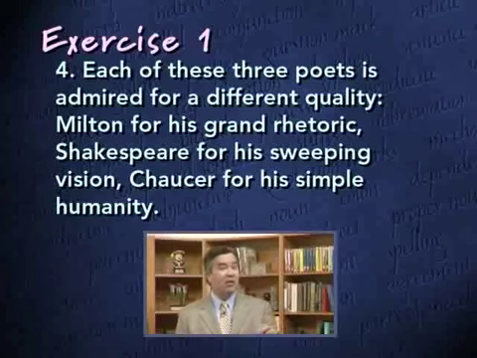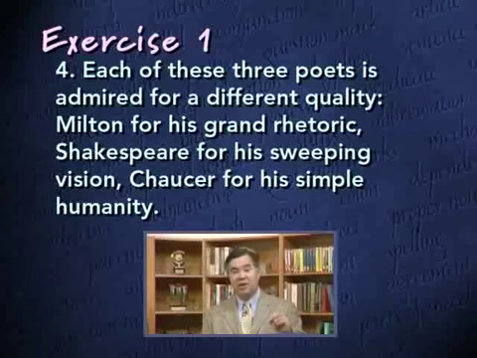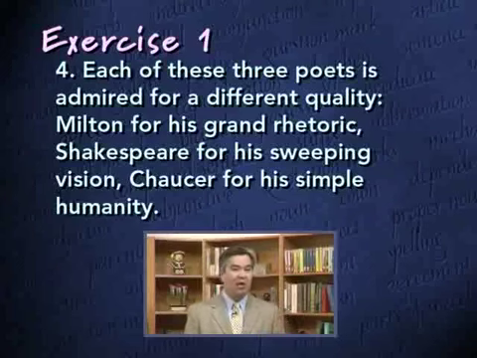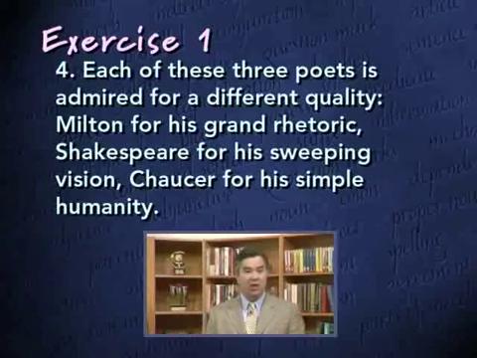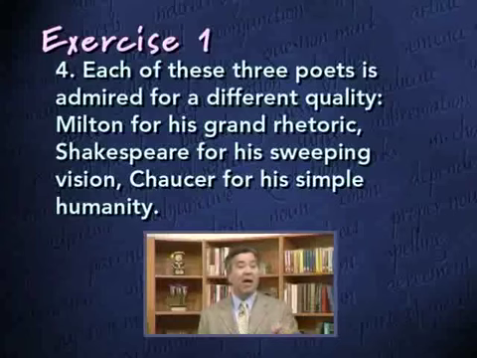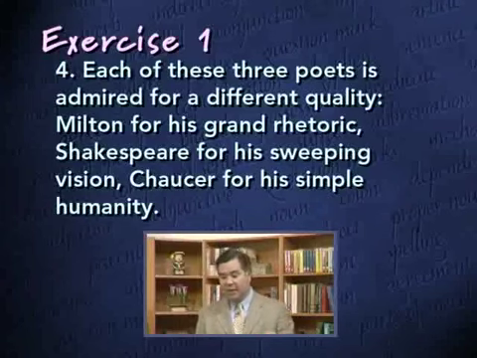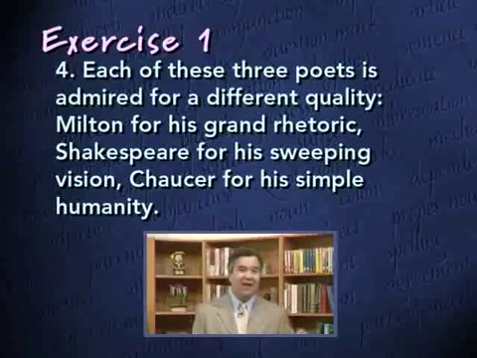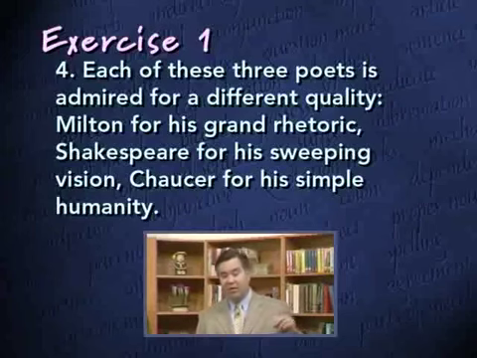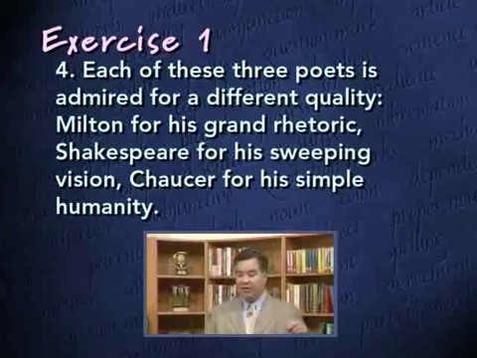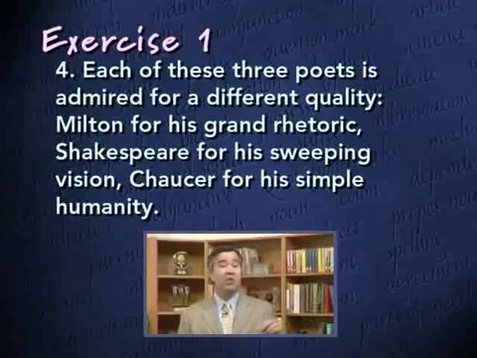And in each case, what follows is a prepositional phrase that describes the quality for which that poet is noted. And in fact, the parallelism goes even further than that. Within the prepositional phrase, the author has been careful to follow the same grammatical setup, that is, by ending the prepositional phrase with an adjective and a noun: grand rhetoric, sweeping vision, simple humanity.